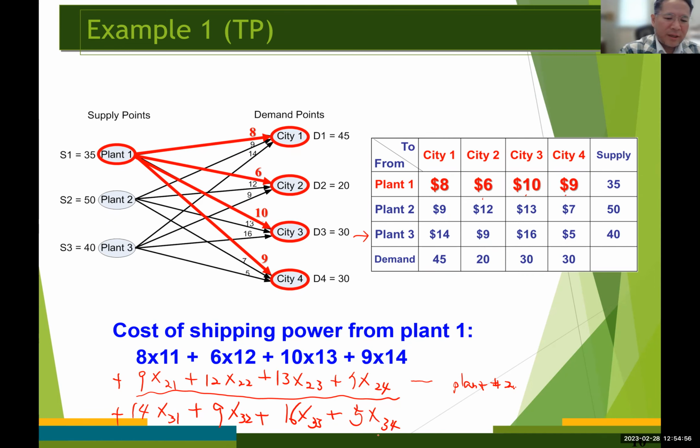And you want to minimize all of this. So that's going to be our objective function of minimizing the total transportation cost.